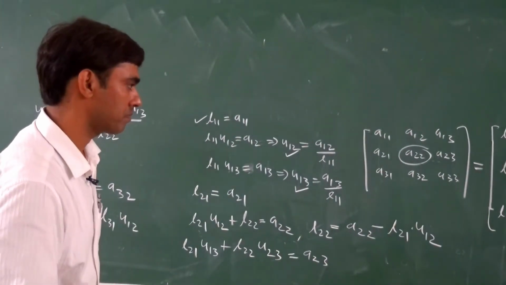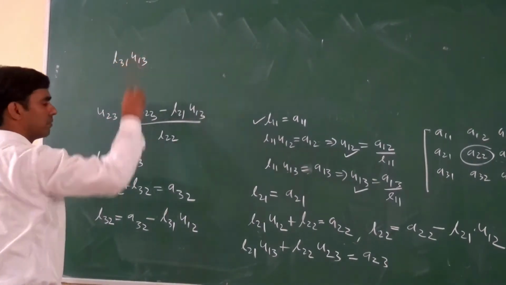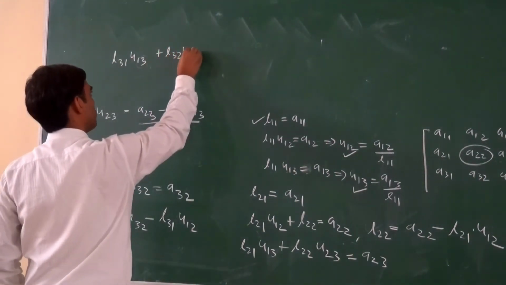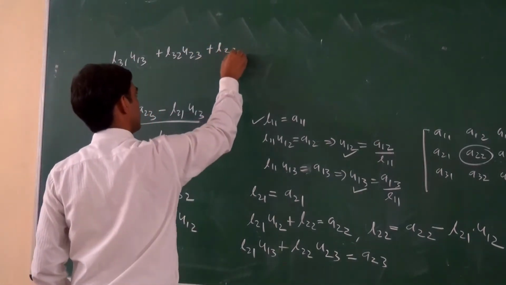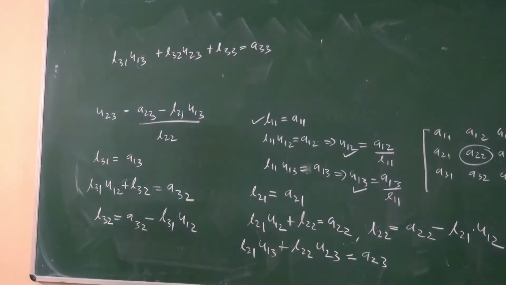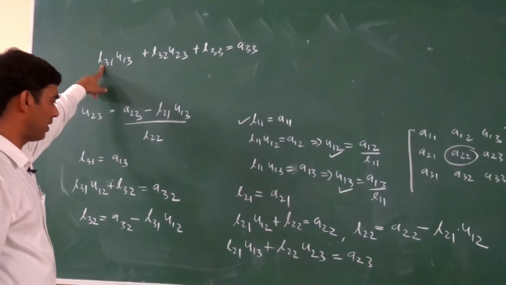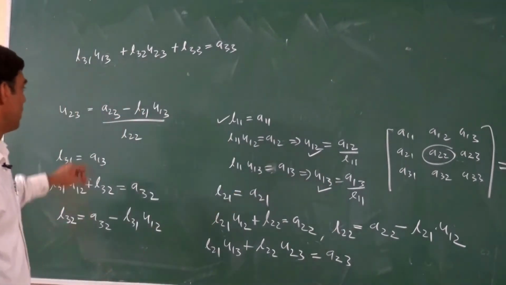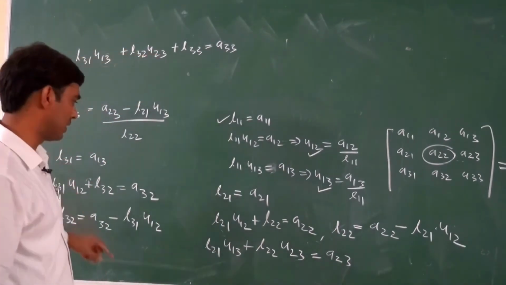The last term is L31 U13 plus L32 U23 plus L33, which equals A33. So what is the unknown value here? L31 is a known value, we have already calculated U13, L32, and U23.